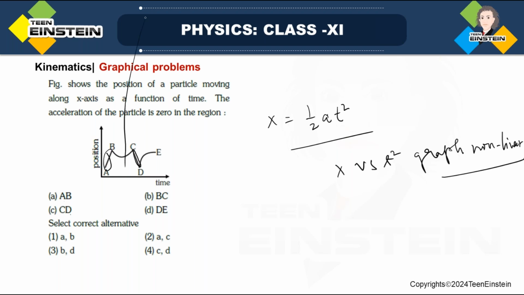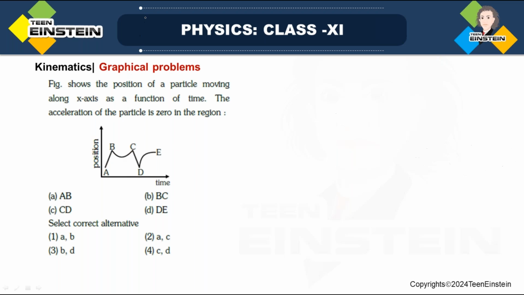Okay, so what we have to answer is where the acceleration is 0. Where there is uniform velocity, there will be acceleration 0. So the portion AB represents uniform velocity.